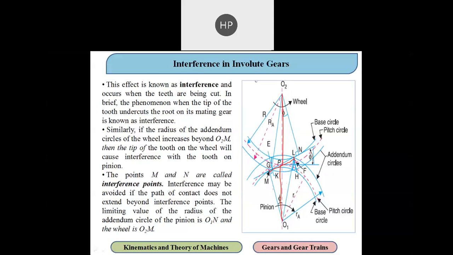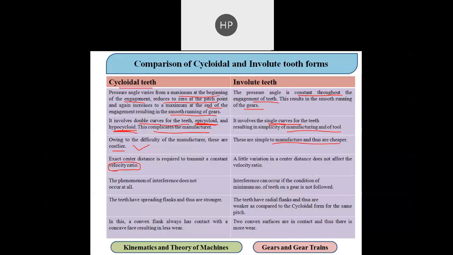Okay, that should remain exact. While here, a little variation in the center distance will not affect the velocity ratio. So this is also one advantage of this involute gear as compared to cycloidal teeth.